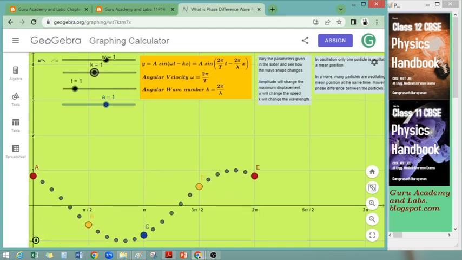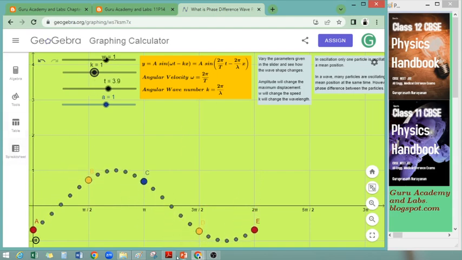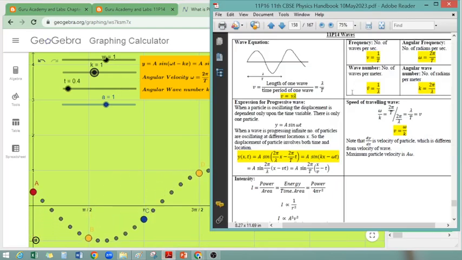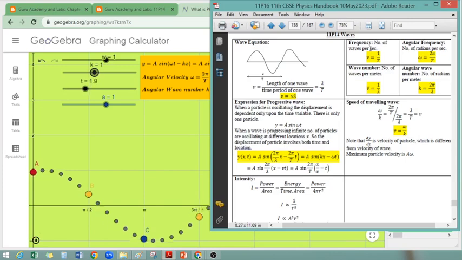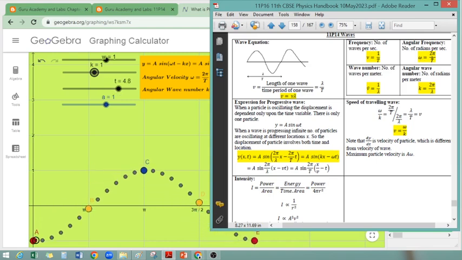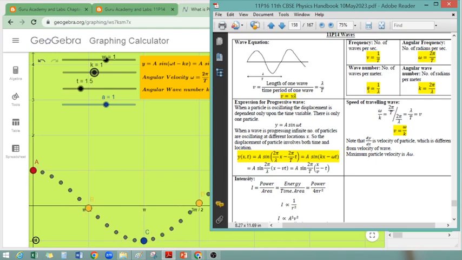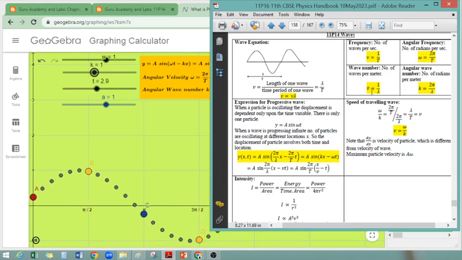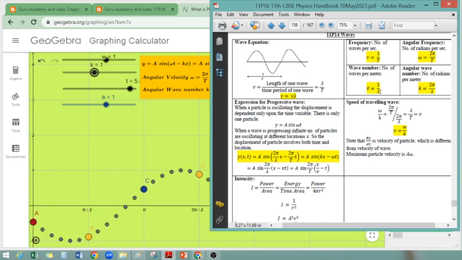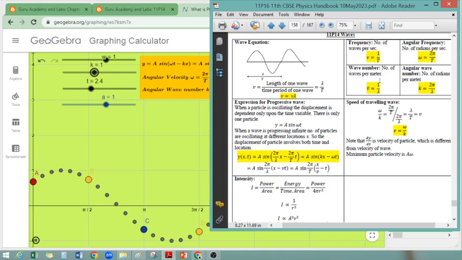In the handbooks, I have given you some material to understand what wave number is. So let's quickly go through this. Frequency is 1 by T. Angular frequency, which is omega, is 2 pi by T. Wave number is equal to 1 by lambda. So it means in one lambda, how many waves you have.